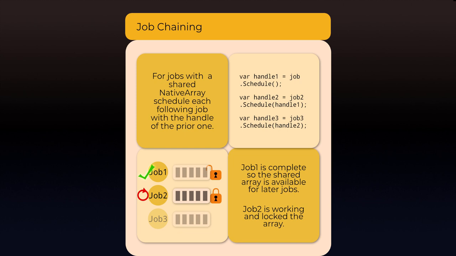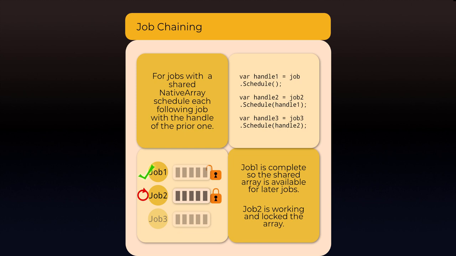Then I can schedule another job and pass that handle in as an argument to the Schedule call, and that will only allow job 2 to begin once job 1 has completed, and that will happen automatically by the job scheduling code within the Unity player. And then I've got handle3, so I create another job, and I use handle2 as a dependency and schedule it.